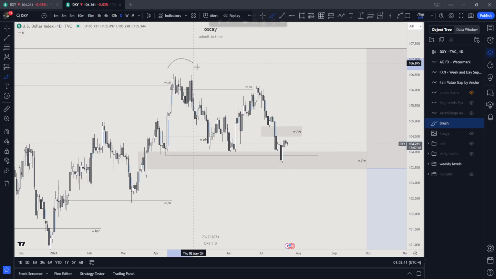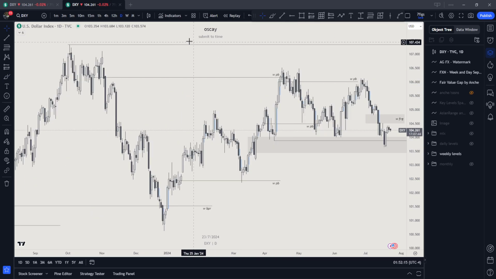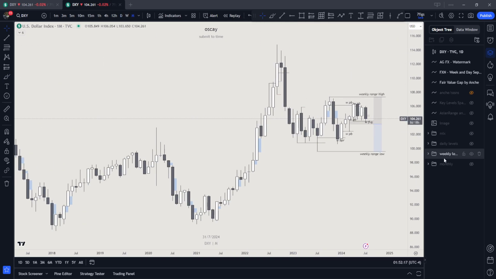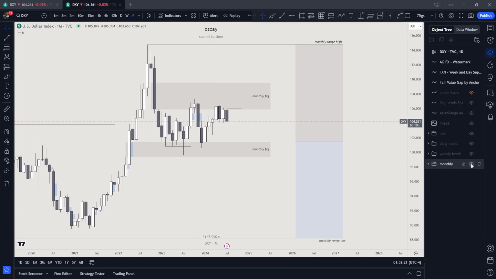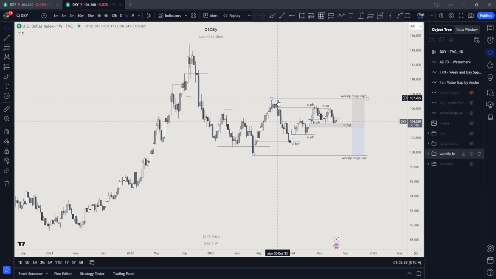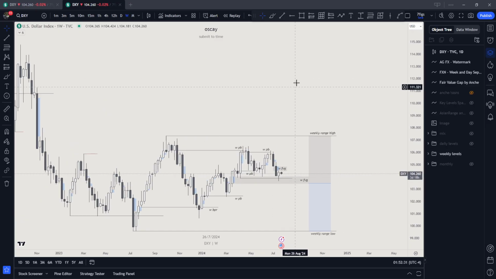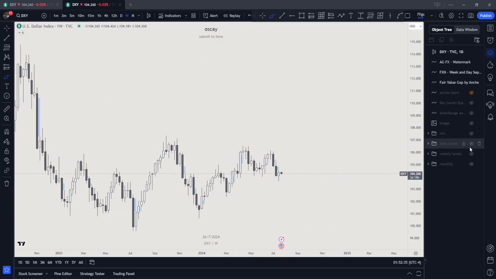Your brain doesn't go into a swing failure pattern, we're going down forever. Nah, we have high time frame, monthly, bullish up until around here, then it's stuck. Weekly, we have a bullish structure shift, and then we stepped up, but now we are stuck in between two PD arrays.